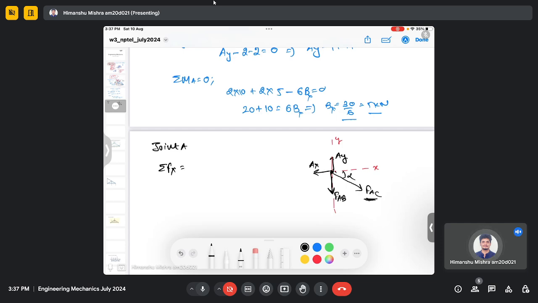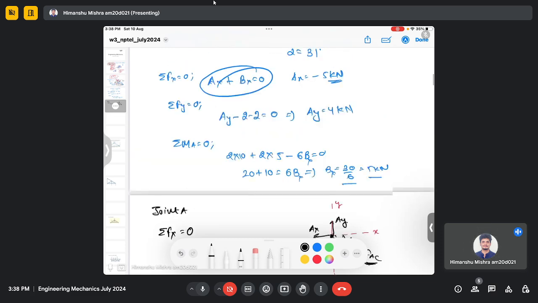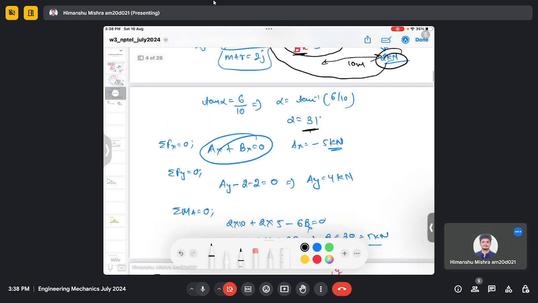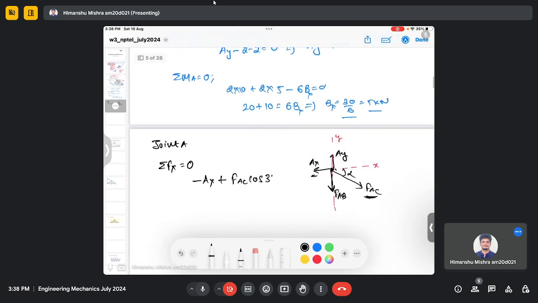So the summation of force in the x direction is 0, and we can write minus Ax, because this is in minus x direction, and plus FAC cos alpha, we found 31, equal to 0.